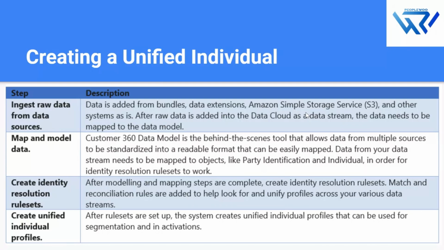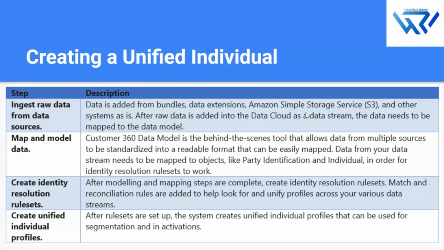We have to club similar profiles into a single unified profile, which will help us reduce cost, reduce time, and help in better marketing and segmentation, focused target marketing and service we can provide. So Data Cloud Unified Individual has provided that ability by using an identity resolution rule set.